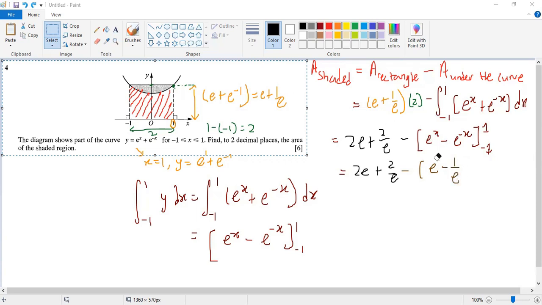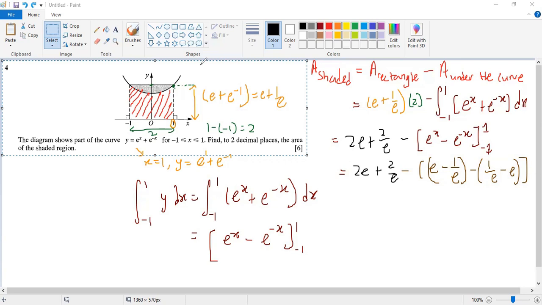Then when you subtract that, inside the bracket we have another minus. Put in -1, so e to the power of -1, in other words 1 over e, minus e. Okay, so it becomes like this. Correct? Please take note.